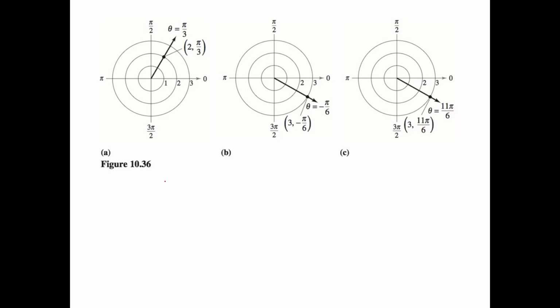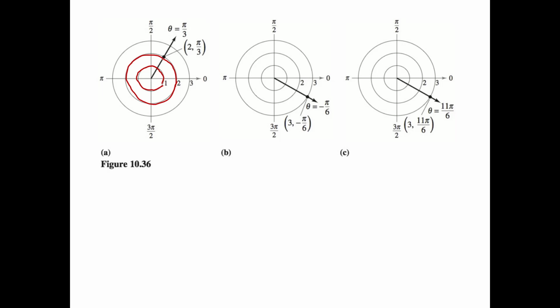It's convenient to draw these concentric circles. So this first circle is a circle of radius 1. Second circle is a circle of radius 2. And third circle is a circle of radius 3, and so on.